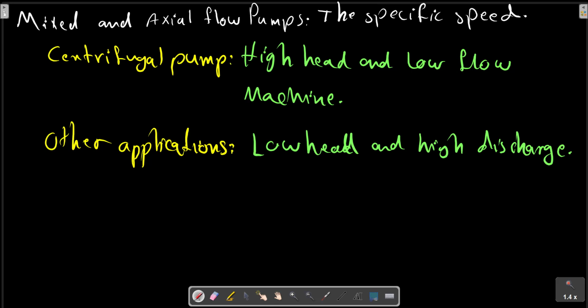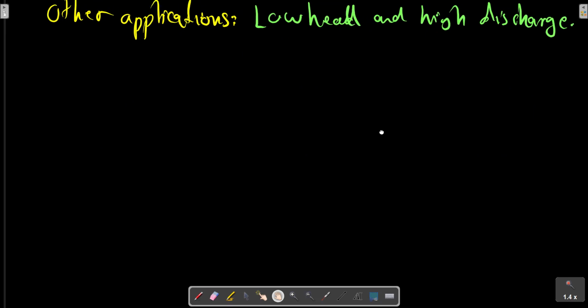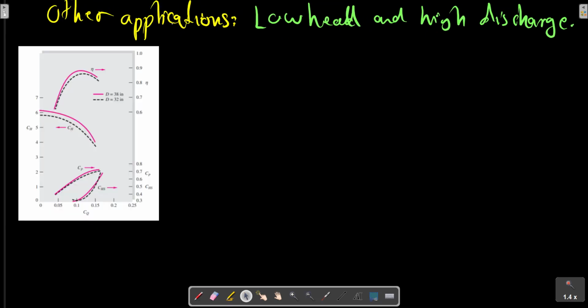Consider the example where we want to use a centrifugal pump from the family of the figure shown here.